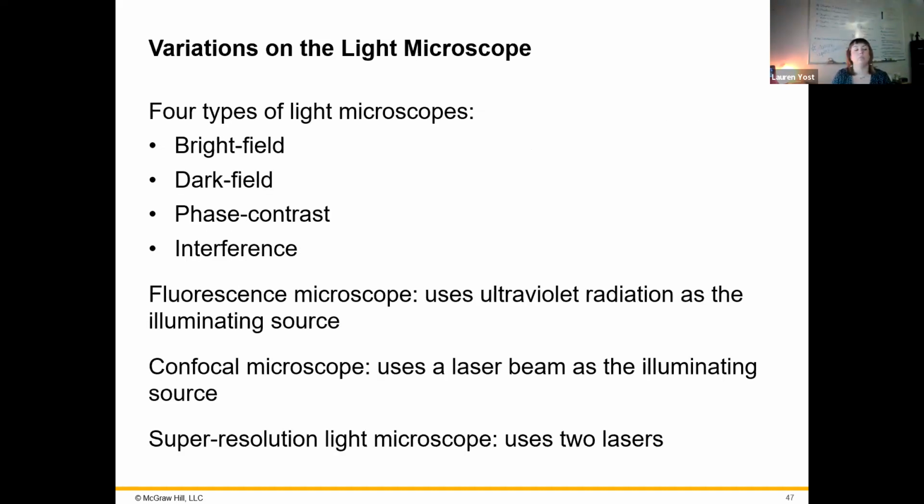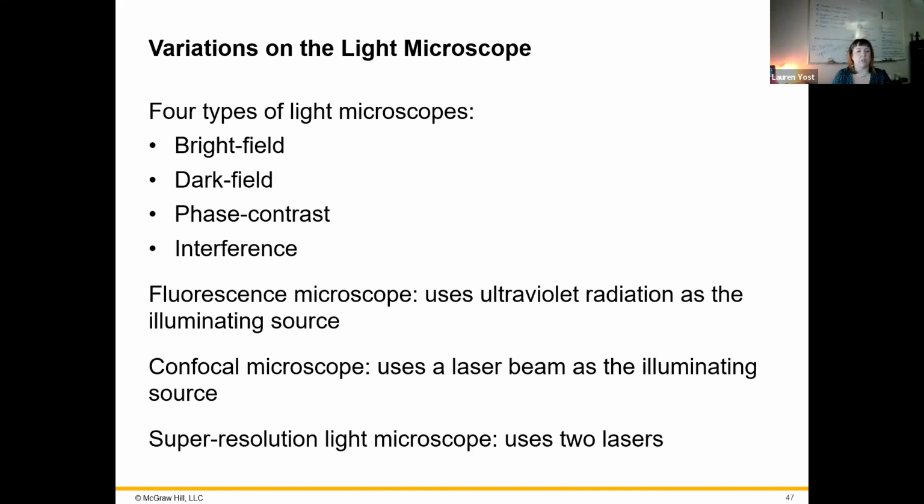So we have 4 kinds of light microscopes: the bright field, which is what we use in lab; the dark field, which is kind of what it sounds like, it's going to have a dark background. Phase contrast, we're not going to talk too much about that. Or interference, also not going to talk much about that.